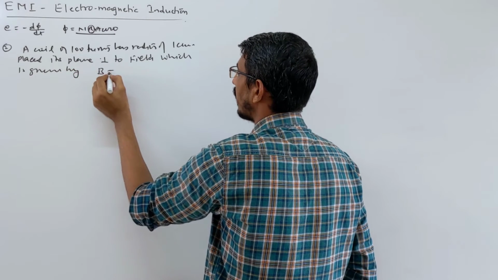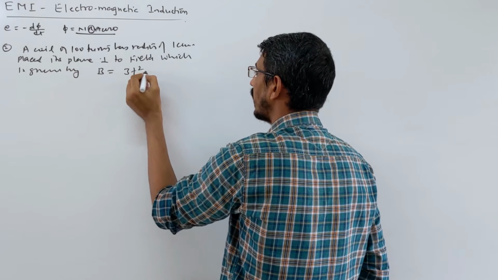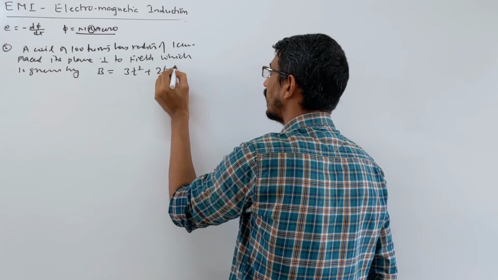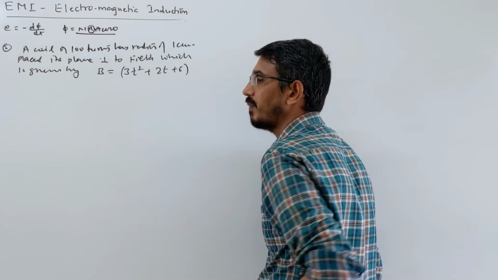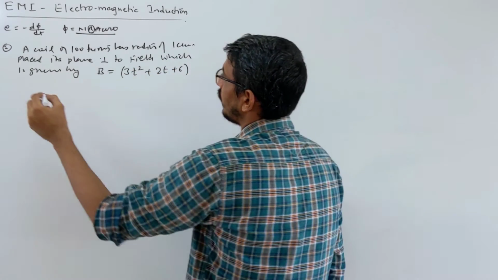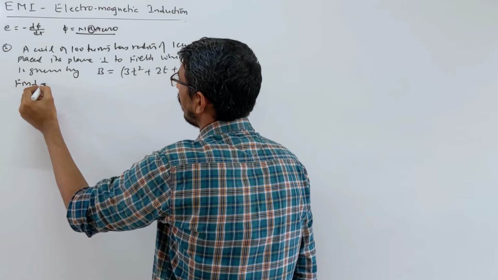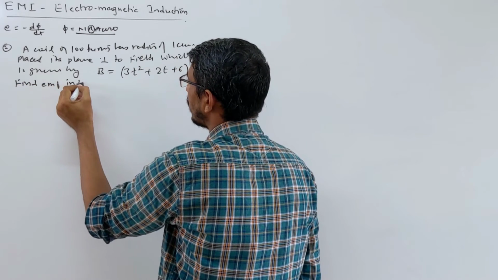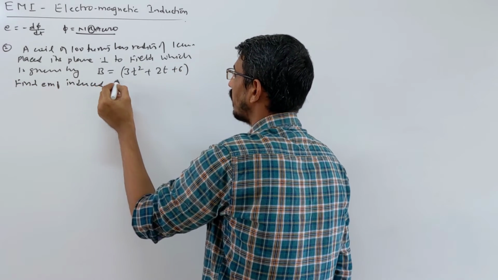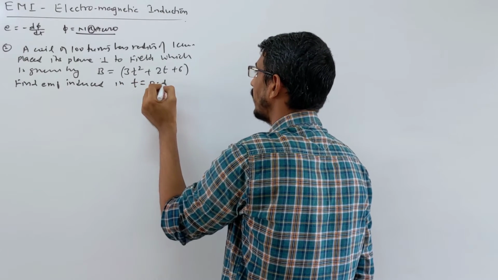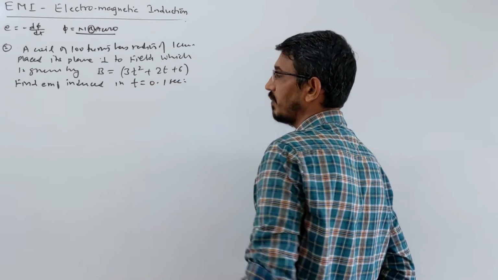Let's say B is given as 3t square plus 2t plus 6, anything. Find the EMF induced at some time, let's say time equal to 0.1 second.